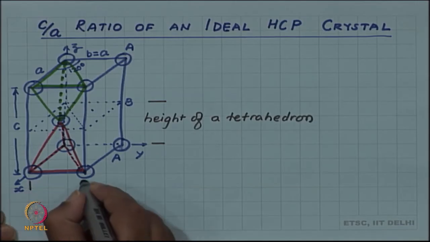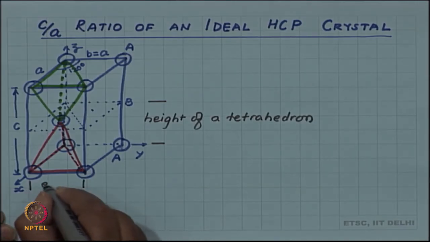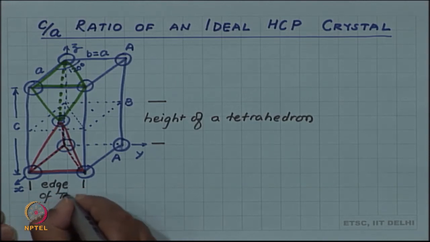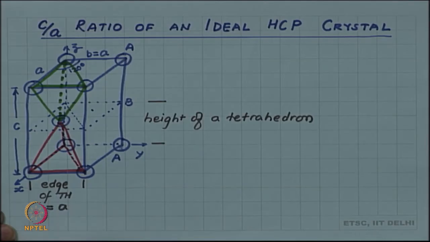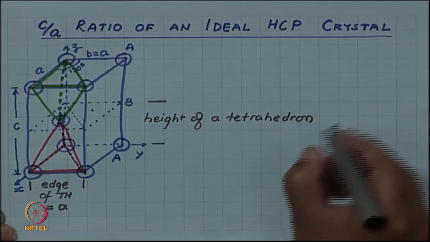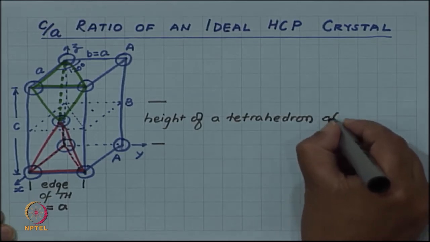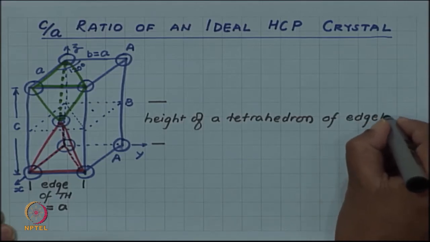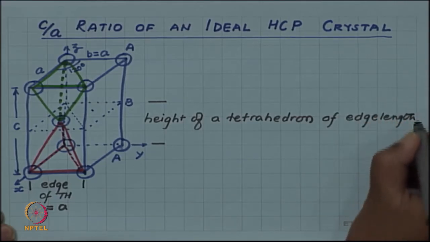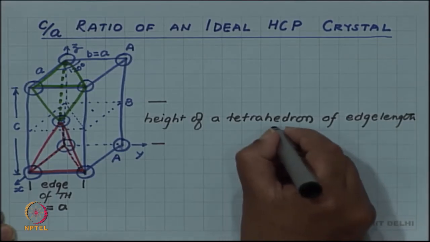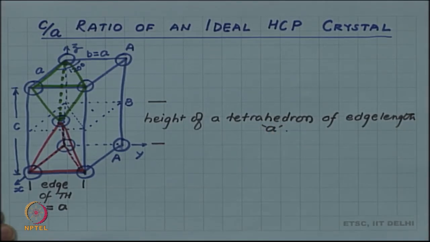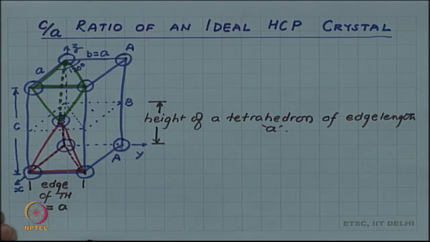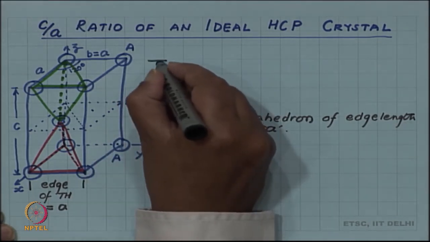That is the lattice parameter A. So, the edge of the tetrahedron is nothing but A. So, the height of a tetrahedron of edge length A. And this of course, is again the same height.